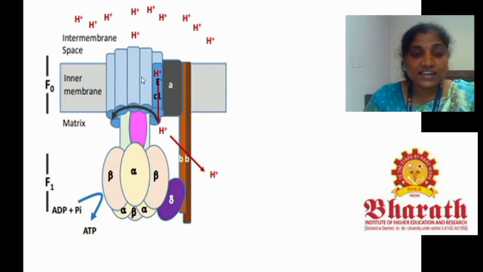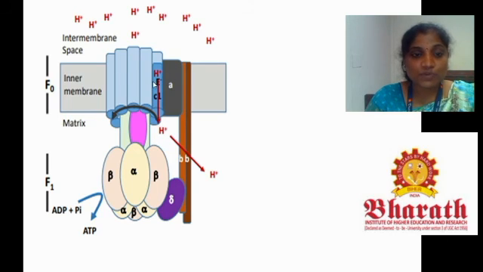From the C subunit, the process starts. The H plus ions are loaded in the C subunit, which has 10 or more membranes, and the H plus ions move across each membrane until they reach the other side of the A subunit.